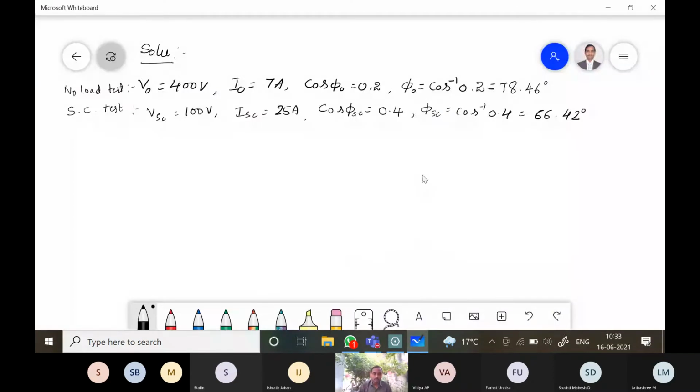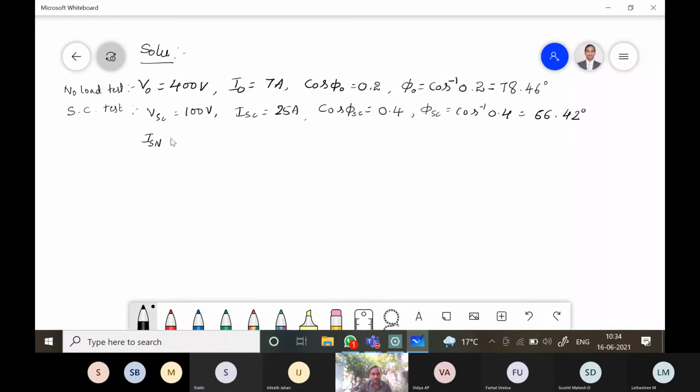So once you determine the phi naught and phi SC, find out ISN. So ISN is required, the short circuit current under normal voltage condition. 100 volt is reduced voltage condition. We got 25 ampere.